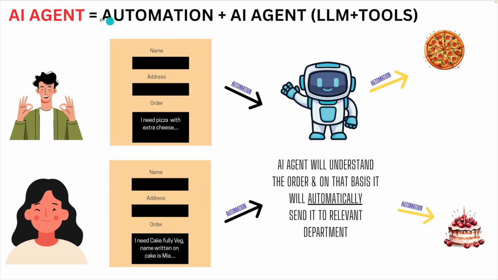But in the case of an AI agent, automation is something very easy to do, but additionally it will also have the AI agent capabilities like the brain and tools, LLM plus tools, remember. This makes the AI agent more powerful as compared to automation, plus it has all the AI agent capabilities.